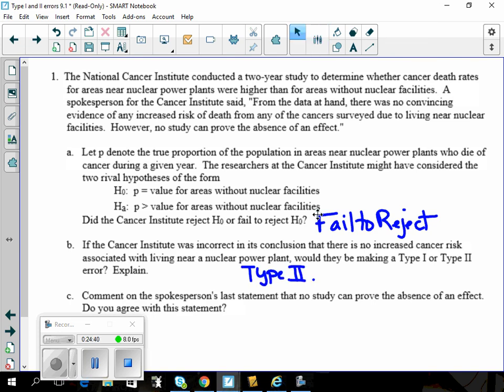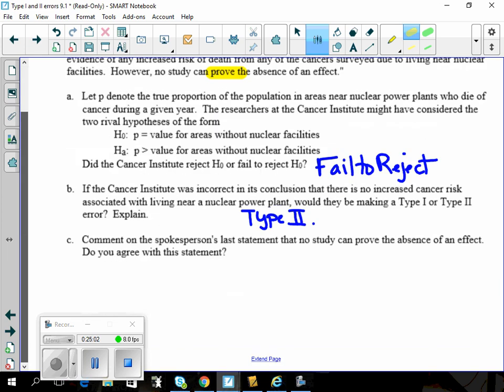And then letter C is kind of strange. When they talk about proving the absence of effect, the word prove is a really strong word, okay? In statistics, we like to say we have evidence to suggest that something happens, but we can in no way prove that something exists or doesn't exist. So the word prove is the key, like the strong word here.